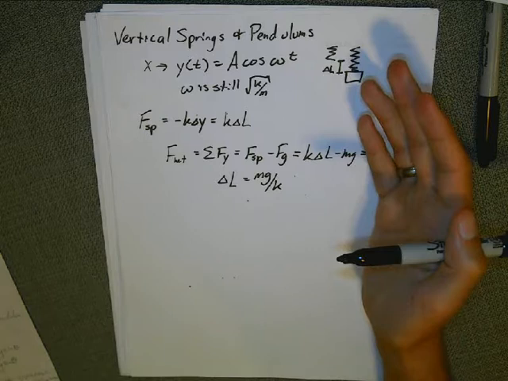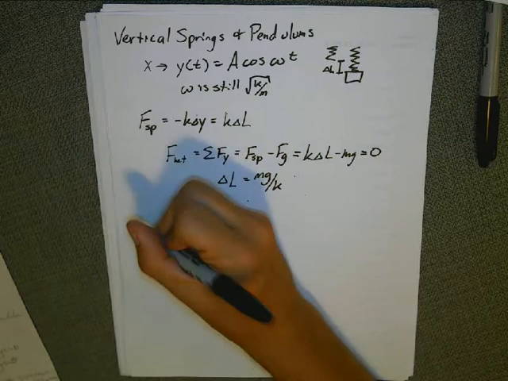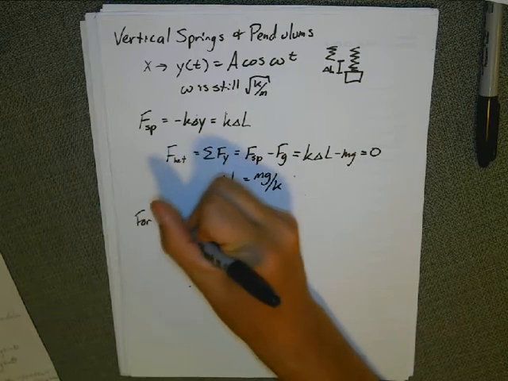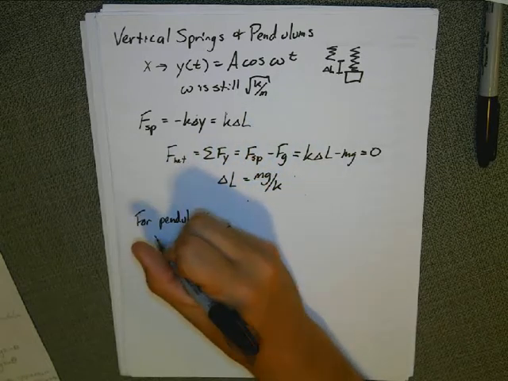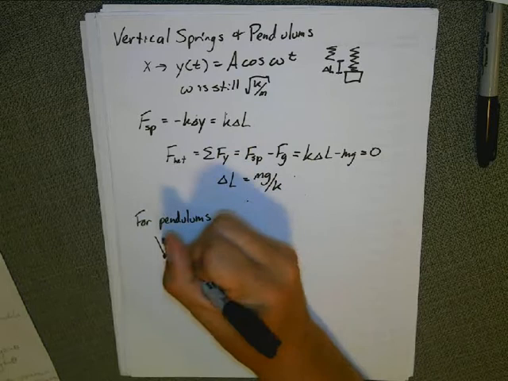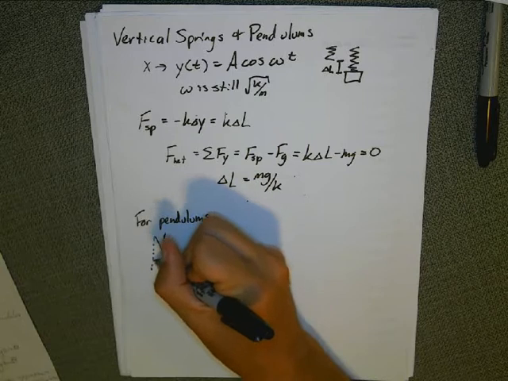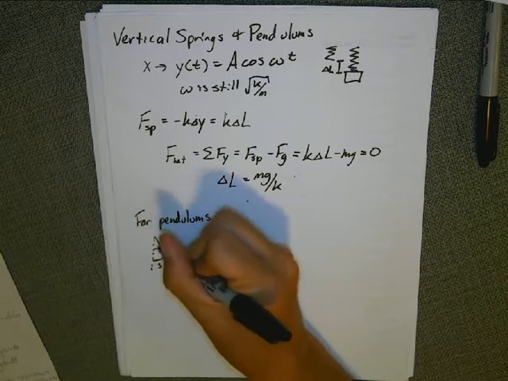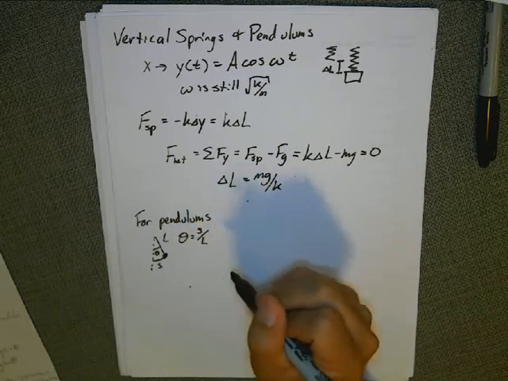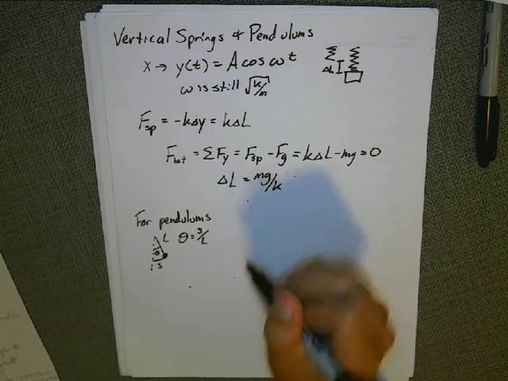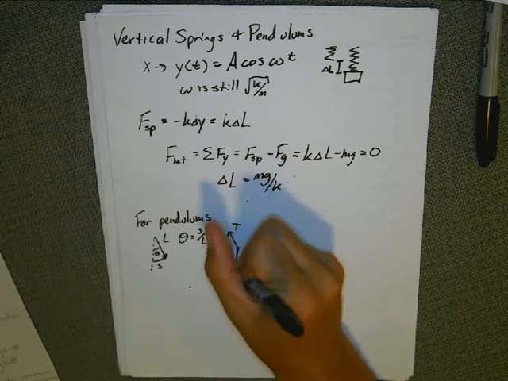So for the pendulums, we can break up two forces acting on the pendulum. So if I have a pendulum here of length L, that's the length of the pendulum, and it's swung out s, because remember we're now in arc length, we can say that theta is equal to s over L. And for the forces acting on it, if I do a free body diagram, I'm going to have tension and the force due to gravity.